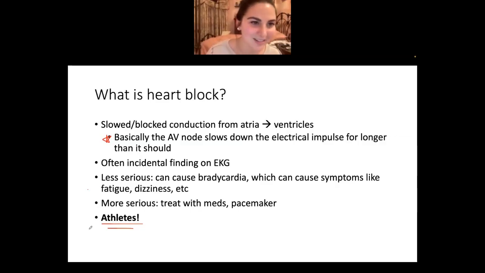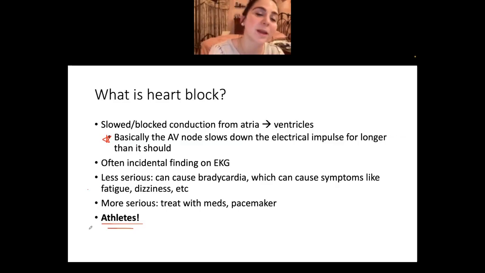So the body thinks, let's slow conduction at the AV node, so every time this athlete beats out blood, it beats out more because it's allowing even more time for ventricular filling. That's why, if you're a really intense athlete, you can have a normal heart rate of like 40.